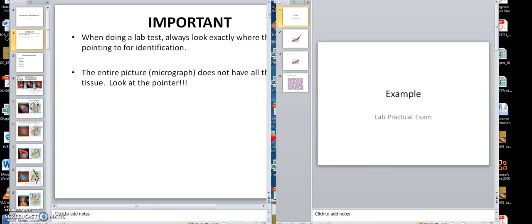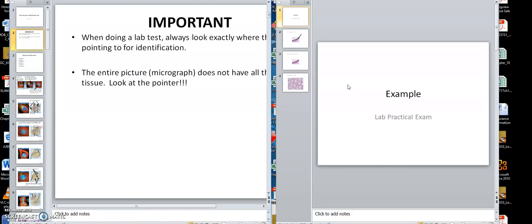Okay, let me go here. All right, here's an example of a lab practical exam. First of all, a lab practical exam is one in which you walk around and identify structures. It normally is held in a lab room, and you'll have some slides and some bones and so forth like that. So that's how we do it. I'm sure some of you have already done it, maybe in high school or something like that.